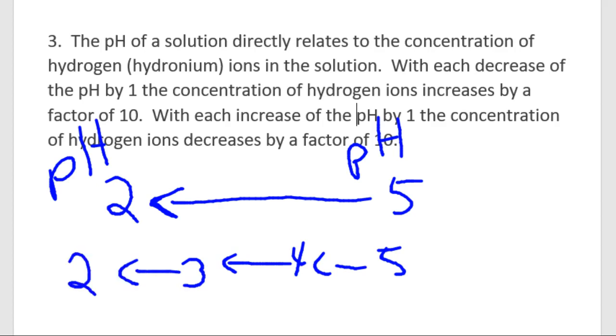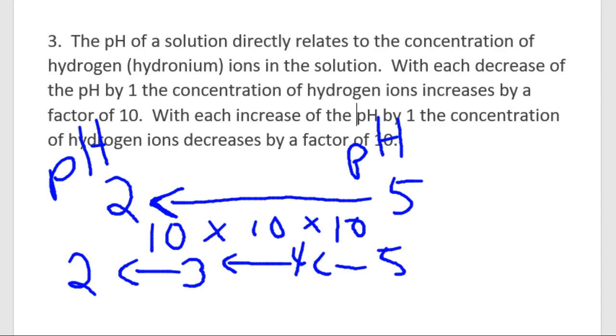With the pH dropping each time, the concentration of hydrogen ions increases again by a factor of 10. So 10 times 10 times 10, which in this case means it would have increased by a factor of 1,000.